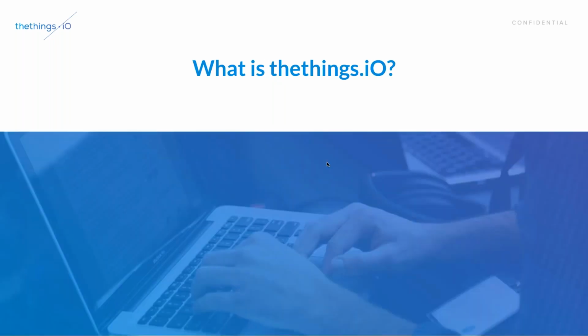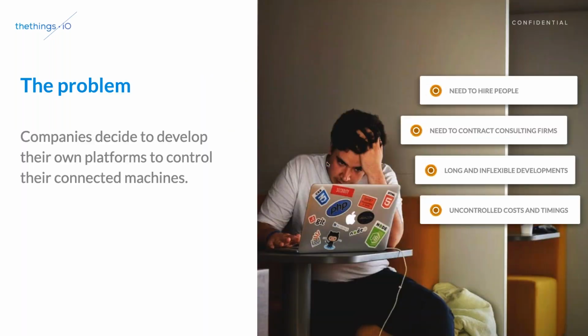Okay, so what's TheThingsIO? What problem do the companies that we meet have today? Companies want to launch an IoT product, a connected product, into the market, and then they start thinking about developing everything themselves from scratch. In other cases, they start developing their own platforms or hiring third-party companies.